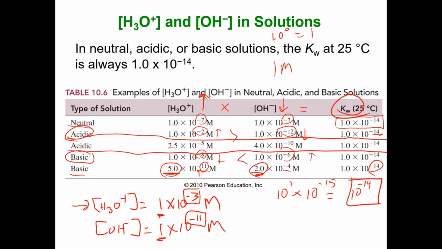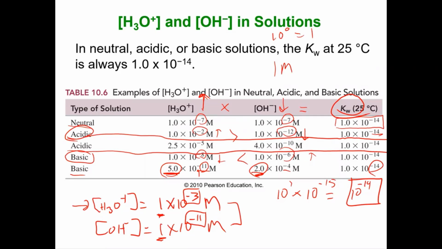All right? The other thing that you should be able to do is to determine, based on these concentrations, what it is. Is it neutral, acidic, or basic? So right off the bat, we can cancel out that this is not neutral. It's not neutral because they're not in equal amounts. So to determine whether it's acidic or basic, we have to decide which ion concentration is greater.